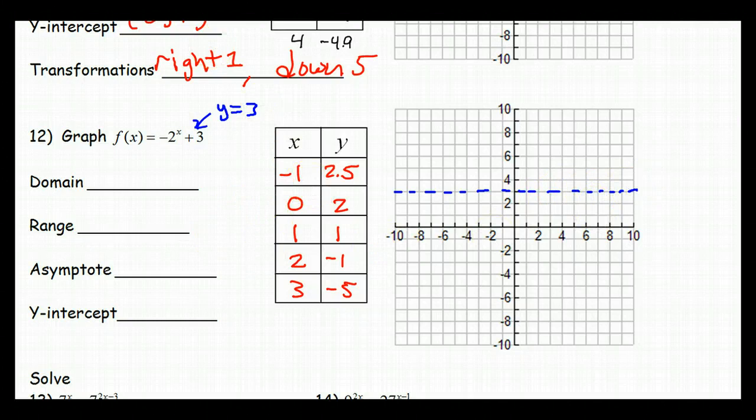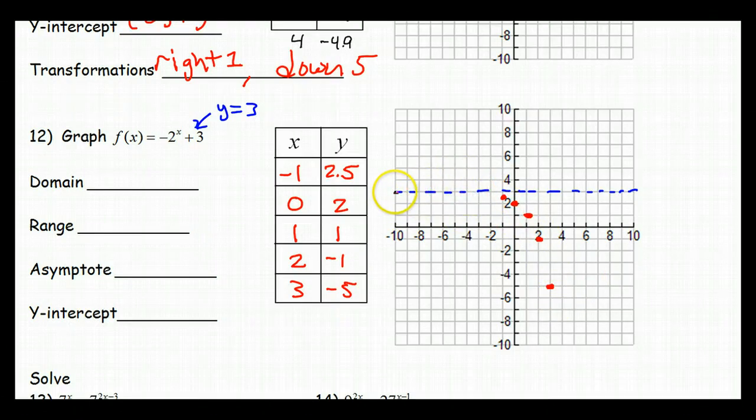Okay, now I will graph these values. Negative 1 is 2.5. 0 is at 2, 1 comma 1. 2 is at negative 1, and 3 comma negative 5. So these are the values. So you can see how the curve is going. Of course, it's going to swerve and approach the asymptote.